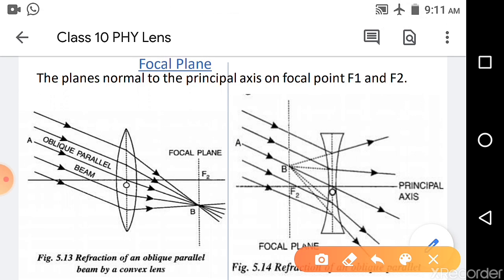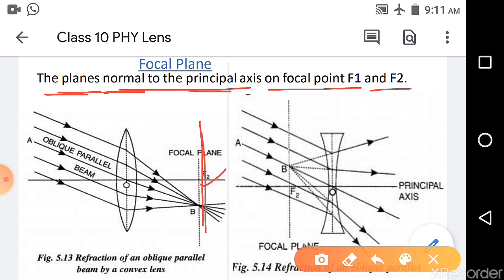From the picture, first see the definition of the focal plane. The focal plane is the plane normal to the principal axis at the focal point f1 or f2. Suppose we take a plane that passes through the focal point and is perpendicular to the principal axis, then this plane is called the focal plane.